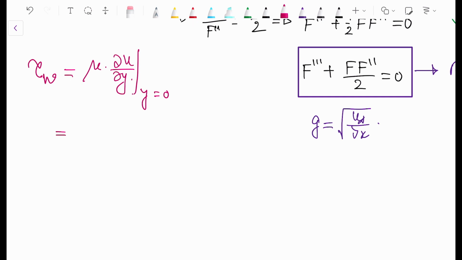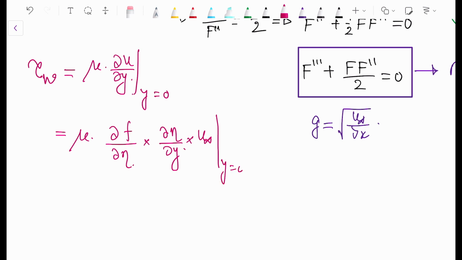So this will be mu into df d eta into this into dy, and I have introduced f here, so I will have to get an u infinity here at y equal to 0, right?